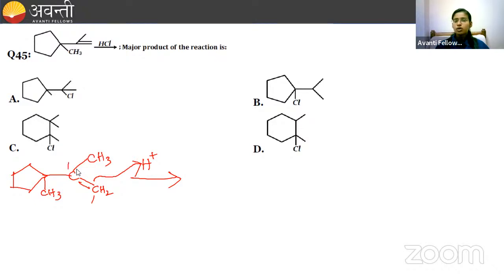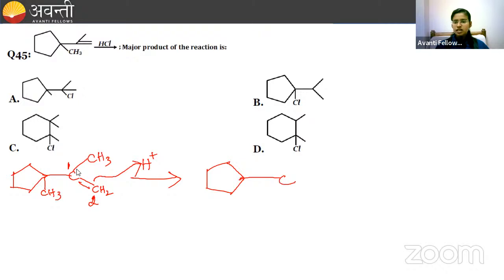It will go to the carbon from which it can form the more stable carbocation. So if it goes to carbon number 1, then we'll get a secondary carbocation. But if it goes to carbon number 2, we'll get a tertiary carbocation, which is more stable. So it will go to carbon number 2.